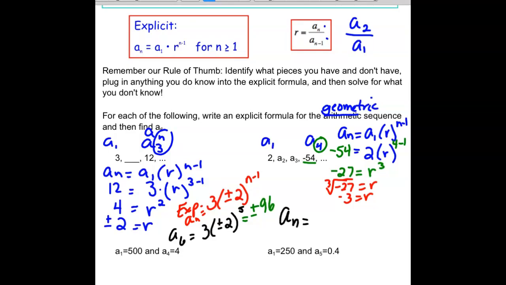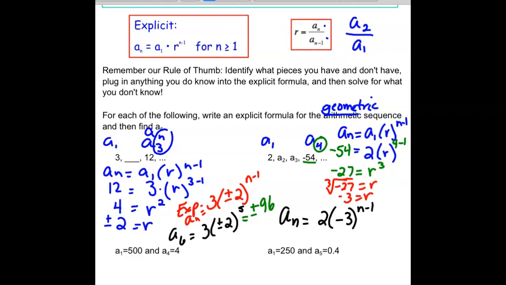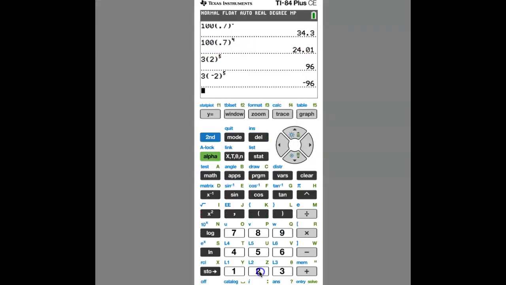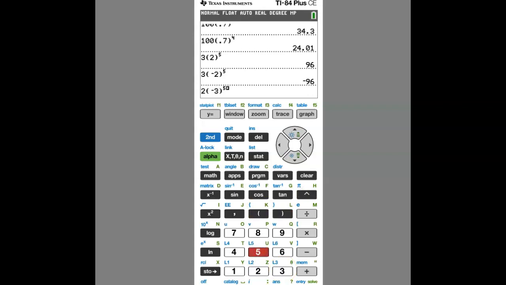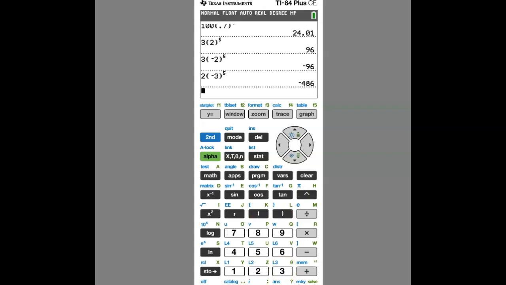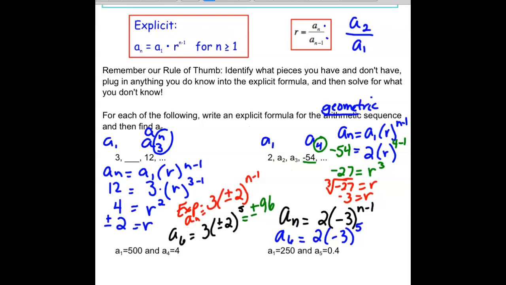A sub n equals first term times our r value to the n minus 1 power. And then we can use that explicit rule to find the sixth term. So 2 times negative 3 to the 6 minus 1, or 5th power. 2 times negative 3 to the 5th power. And we get negative 486.